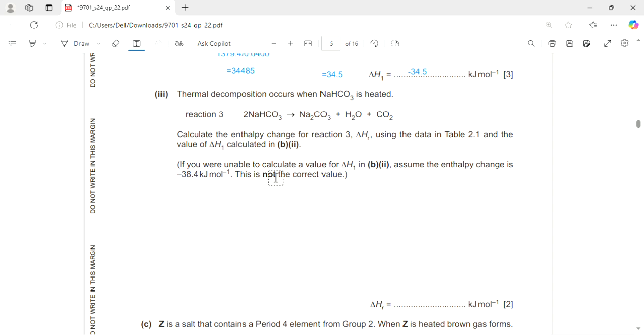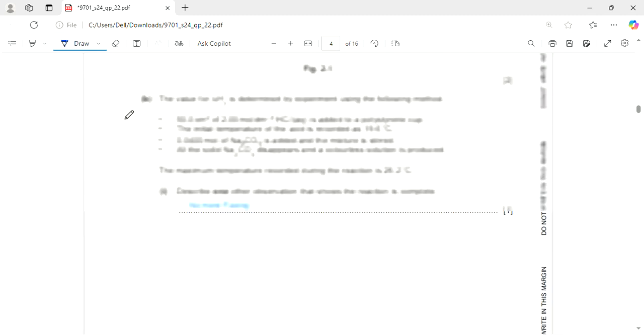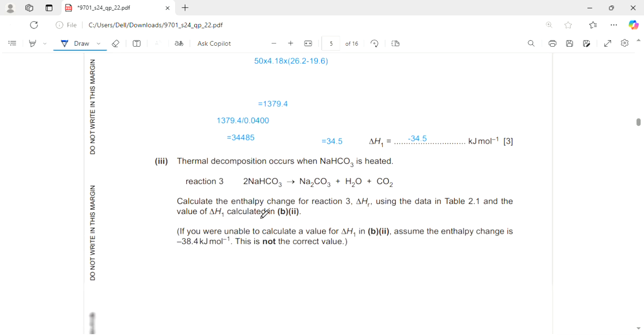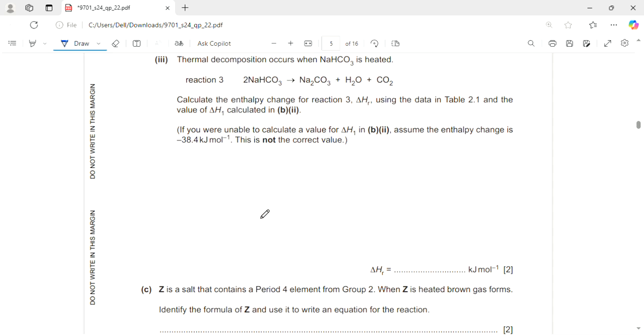There are 2 moles of the NaHCO3 in the reaction, but there is 1 mole of the NaHCO3 in the given reaction. So 2 multiplied by delta H2.